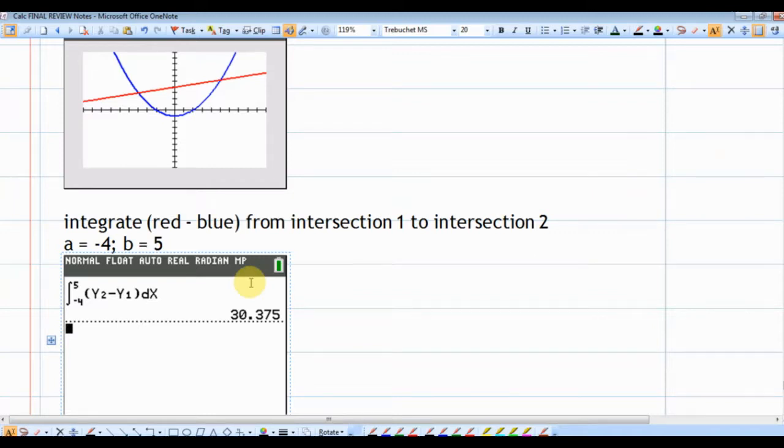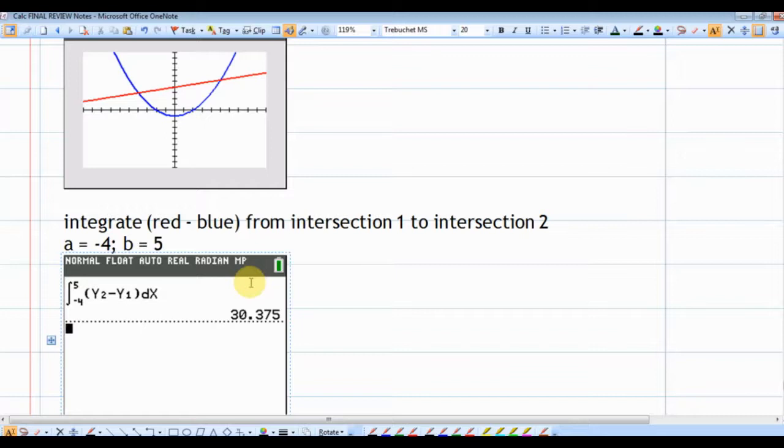Does that say -4? Yeah. Yes, that's it for question 12.